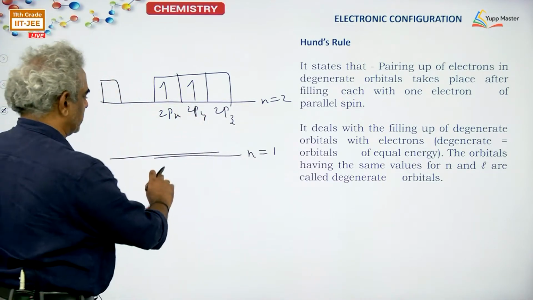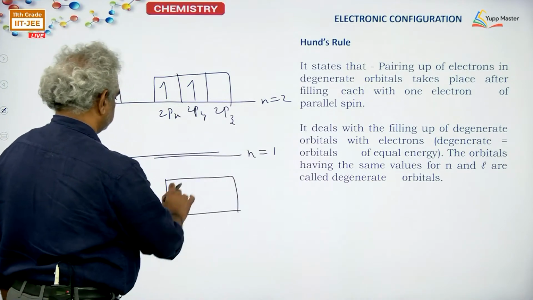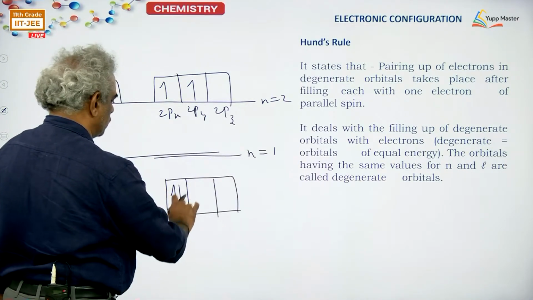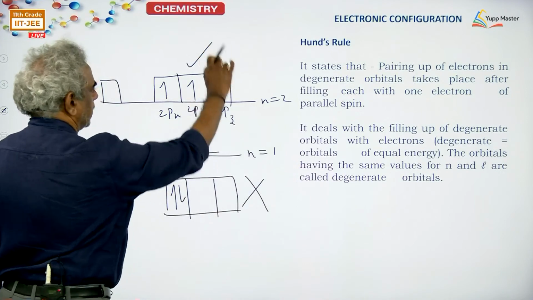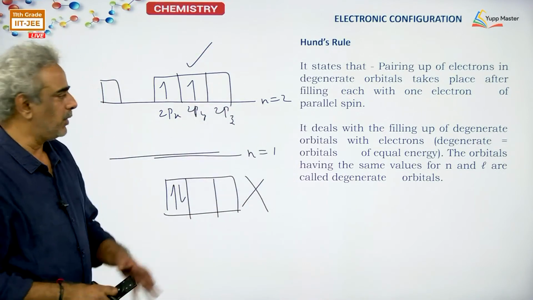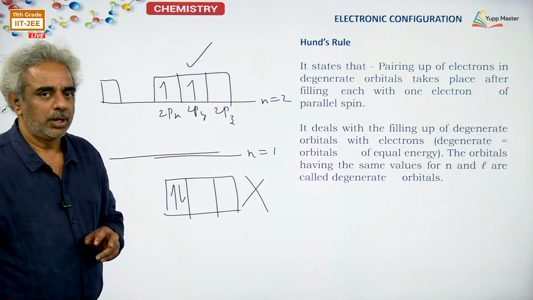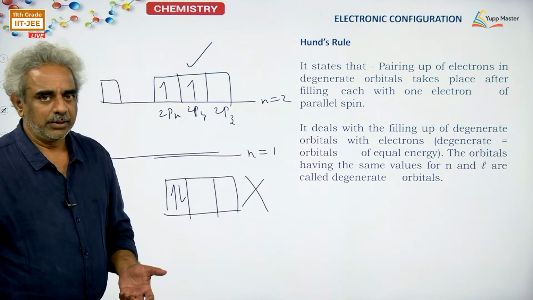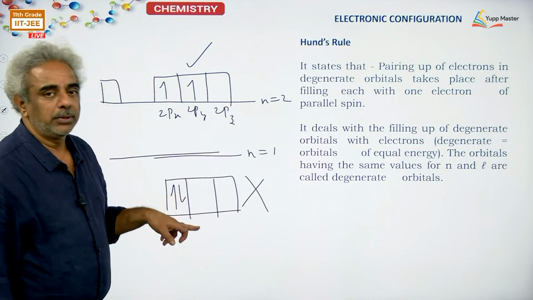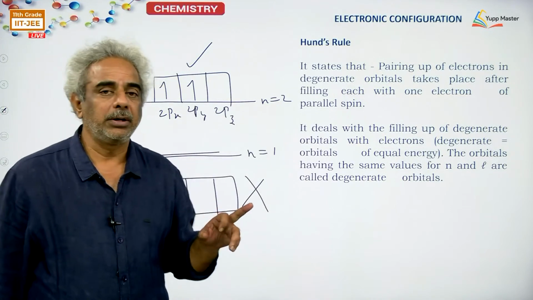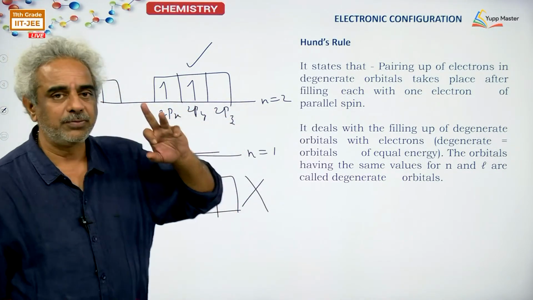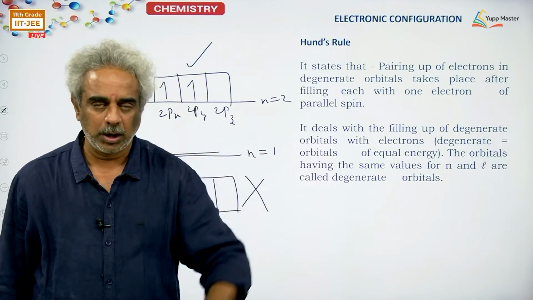Don't pair up like this. When there are only 2 electrons, don't do this. This is wrong. This is correct. Whenever a set of degenerate orbitals are available, if more electrons are there, electrons should get paired up only after each orbital is filled with 1 electron.